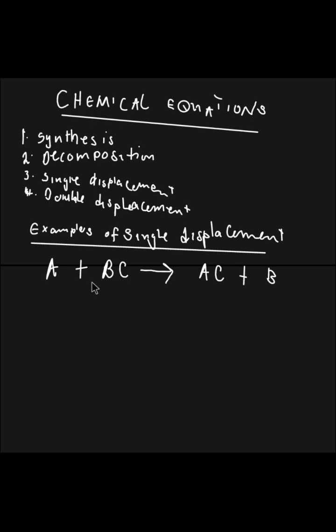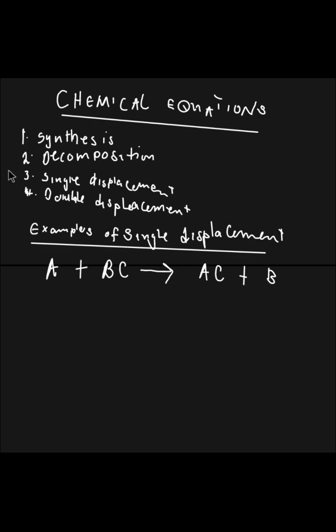So A takes the place of B. Since B is lesser reactive than A, it is displaced and goes and stands independent like that. So in the other examples that we are going to have here, typically you have, for example, a metal reacting with an acid to form a salt, and usually hydrogen gas.